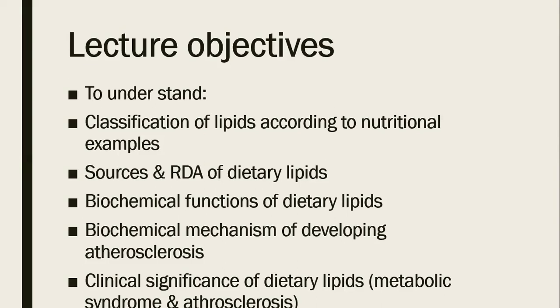Therefore, it is advised to consume a proper proportion of fat containing saturated fatty acids, monounsaturated fatty acids, and polyunsaturated fatty acids. So the central idea of today's lecture is to understand the proper proportion of fat containing saturated, monounsaturated, and polyunsaturated fatty acids of the omega-3 and omega-6 families in the diet.